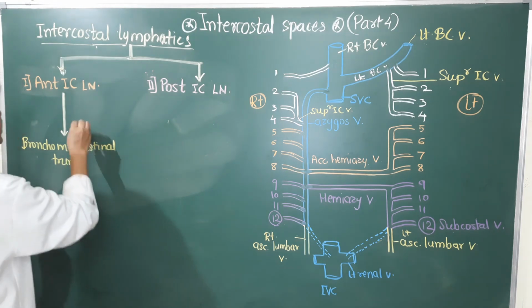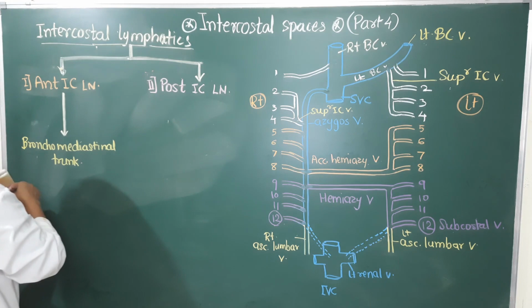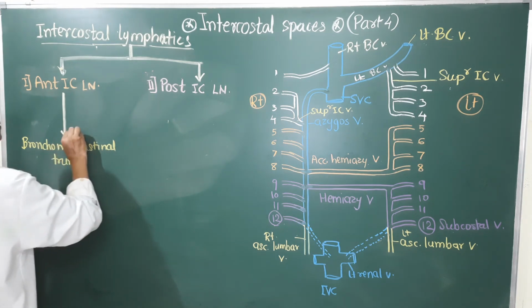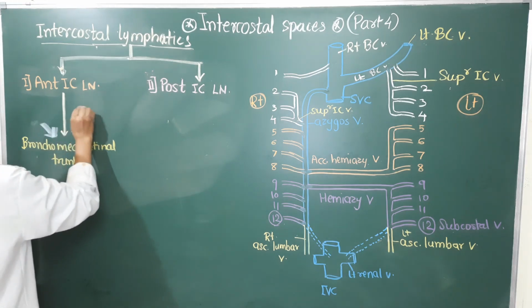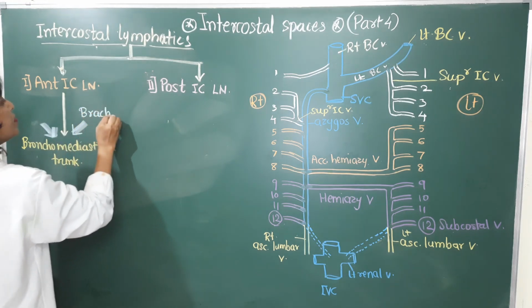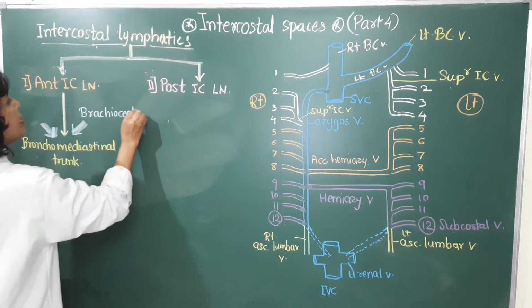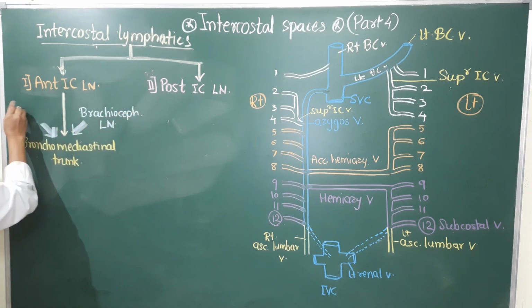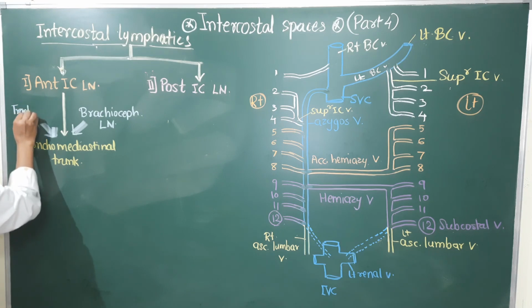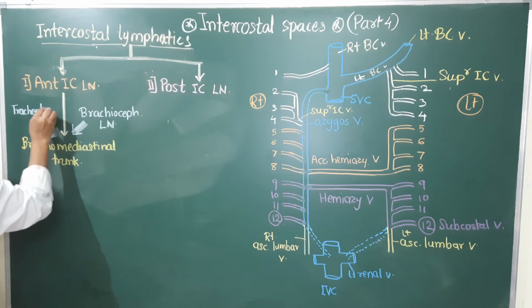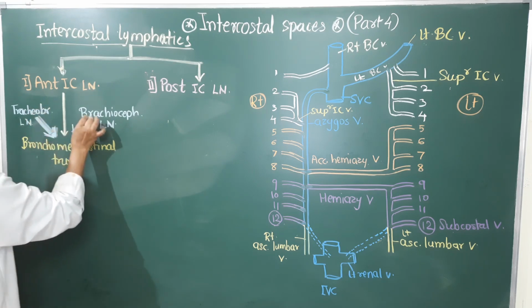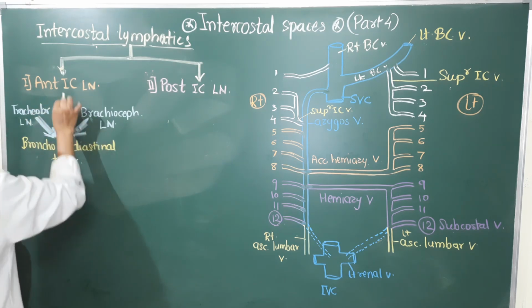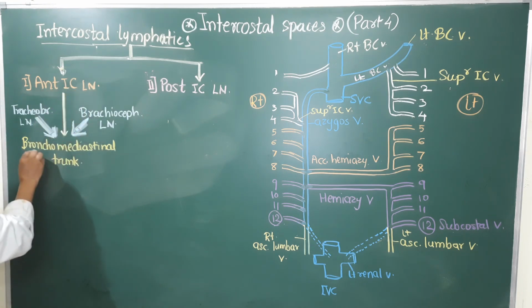After uniting with the efferents coming from two sets of lymph nodes, the brachiocephalic lymph nodes and the tracheobronchial lymph nodes, together with the efferents of the anterior intercostal lymph nodes, they form the bronchomediastinal trunk.